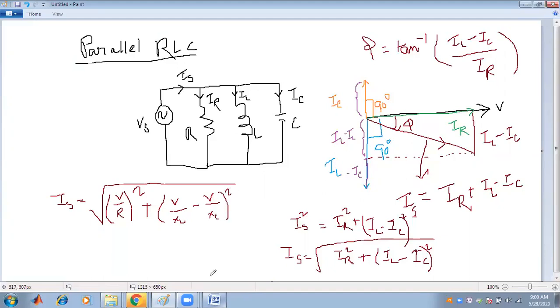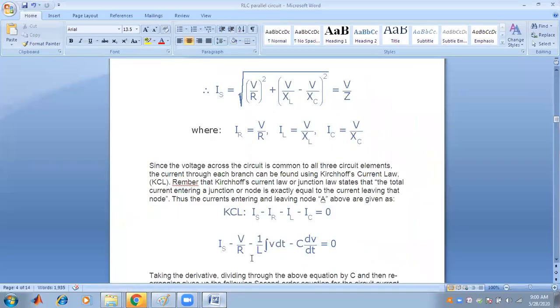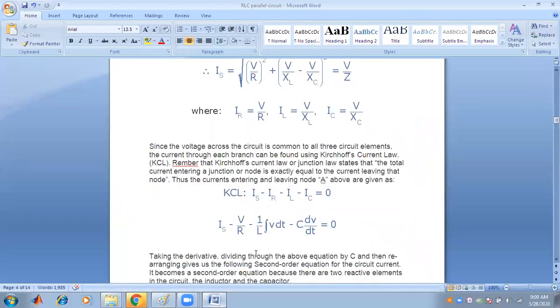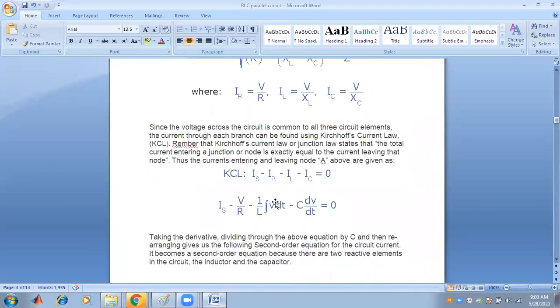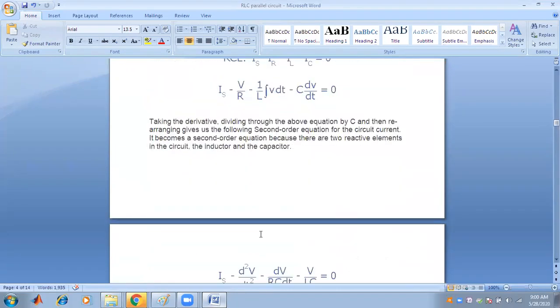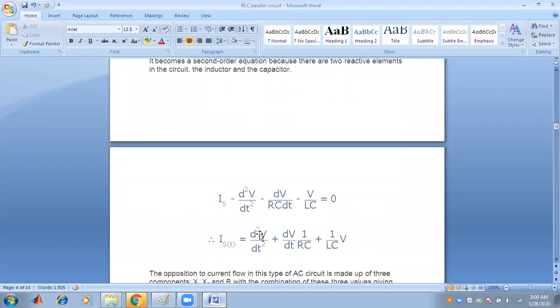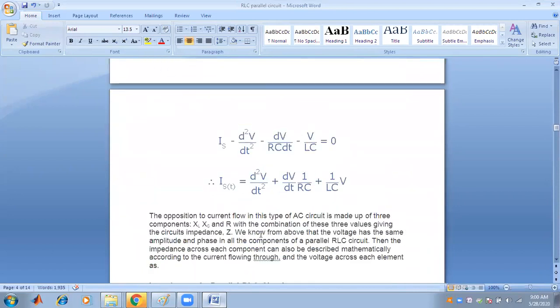We can replace the XC values with the help of omega and L. The total current IS equals IR plus IL plus IC, that is V by R plus 1 by L integral of V dt plus C dV by dt equals IS. Differentiating, IS can be written as C d2V by dt square plus dV by dt of 1 by R plus V by L.